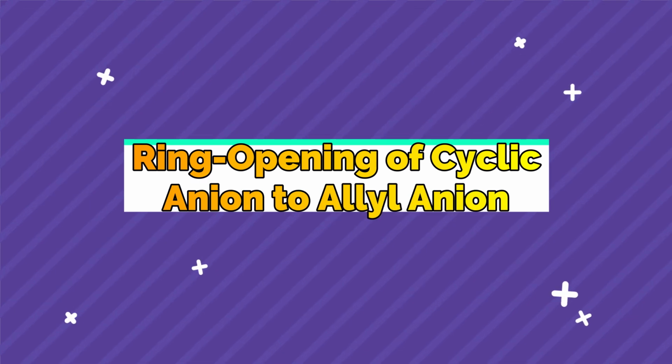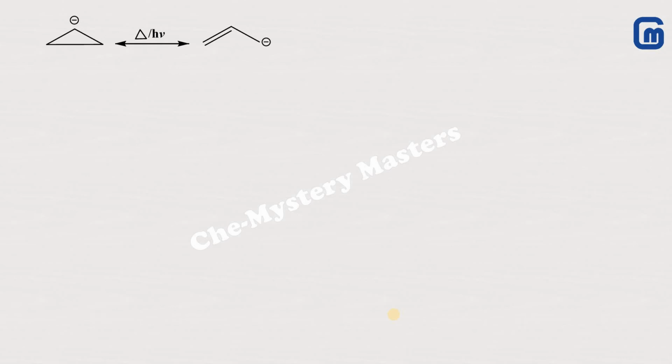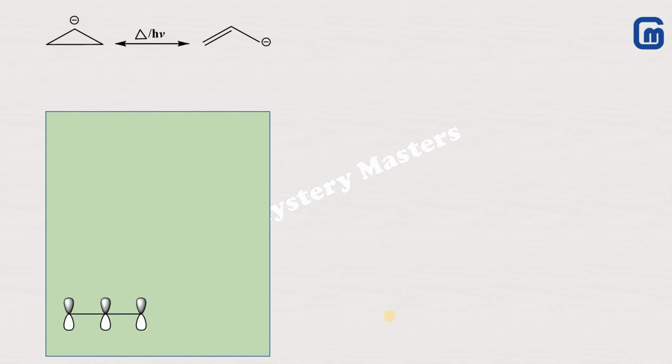Now we will see the case of allyl anion formation from the ring opening of the cyclic anion. For that, again we have to see the molecular orbitals. Again there will be three molecular orbitals named psi1, psi2 and psi3 star, that is the antibonding orbital. First we will see what the HOMO will be in the thermal condition.